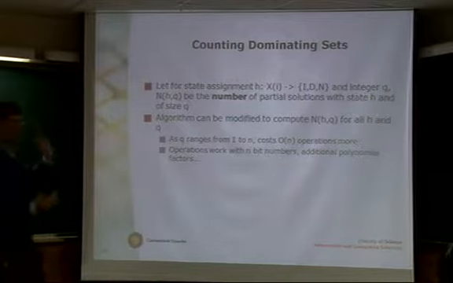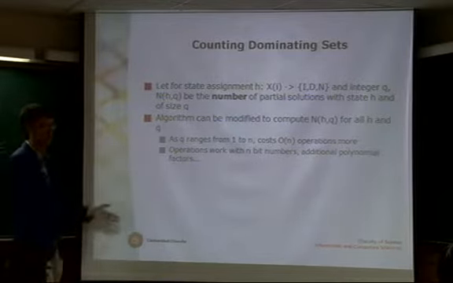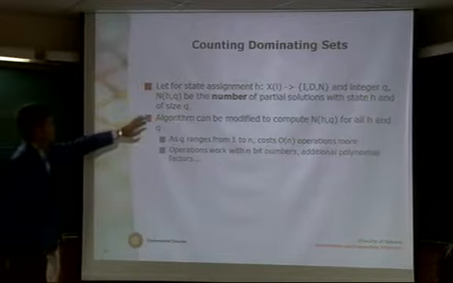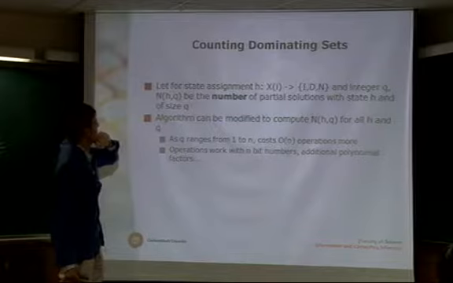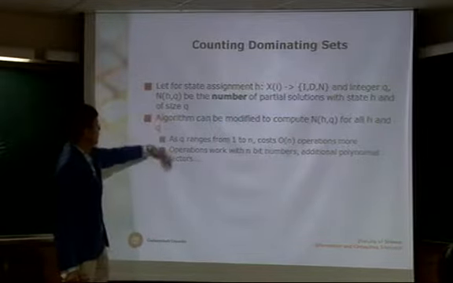And the same type of algorithm works also. Instead of taking minima, you have to add numbers of partial solutions. This is the main difference. So I can also compute the number of them, and then the whole thing goes through.